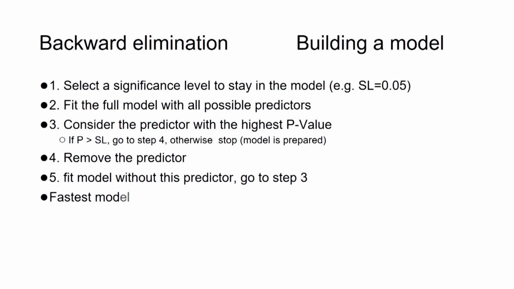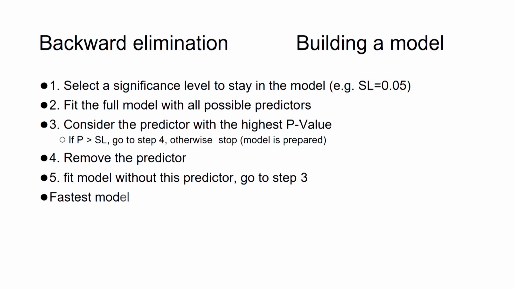Otherwise, you will stop here, your model is prepared, because the highest p value is not greater than the significance level. It means all other variables are also important. For all other variables the p value is low, and that is why those variables are important in our model. So, we should keep all those variables.